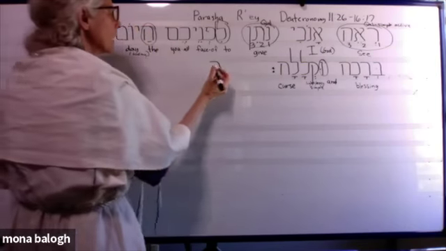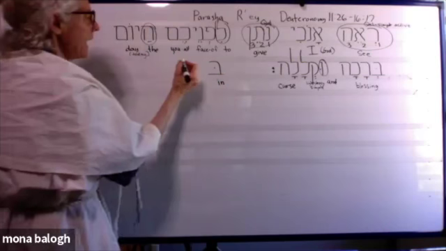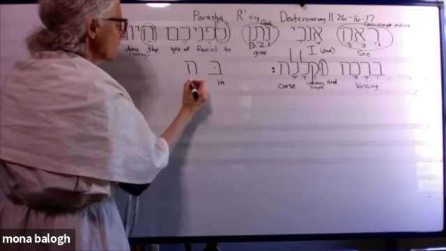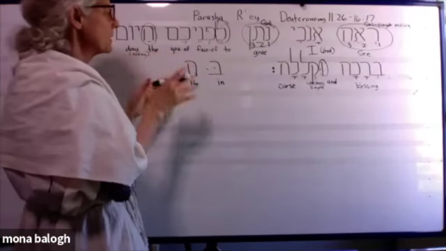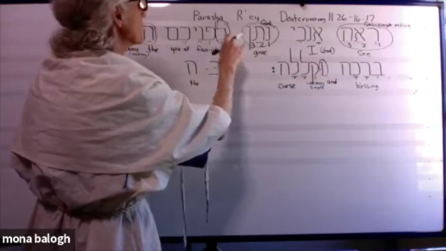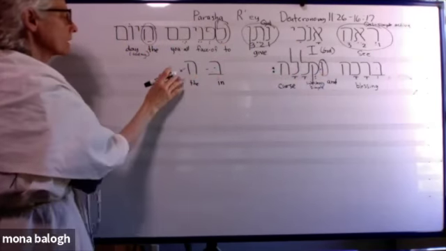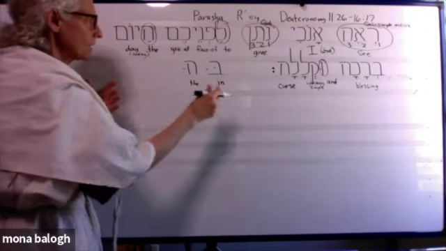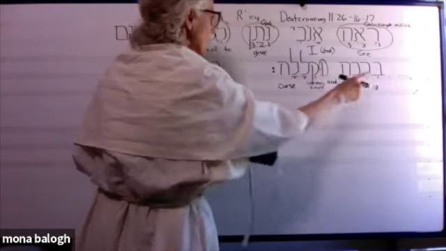It means in. Next is hey, which means the. Again, this is a one-letter prefix. And again, context is everything. So it may actually be part of a regular word, or it could actually mean in.